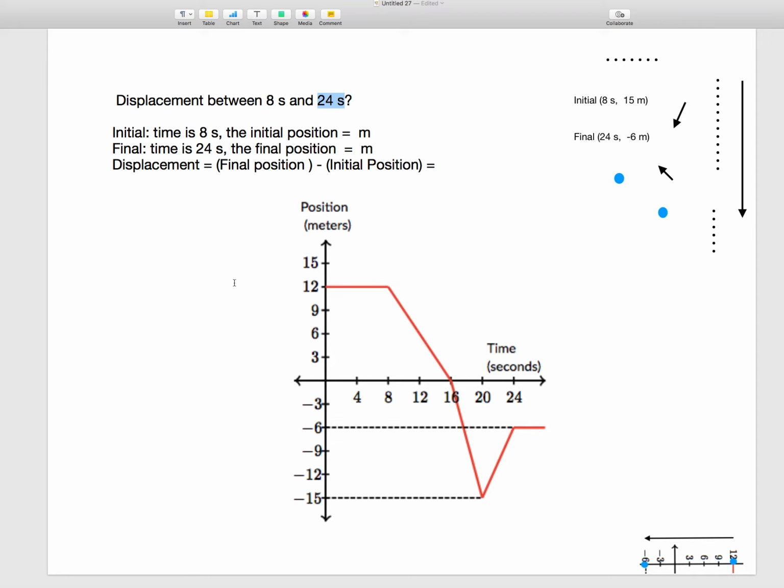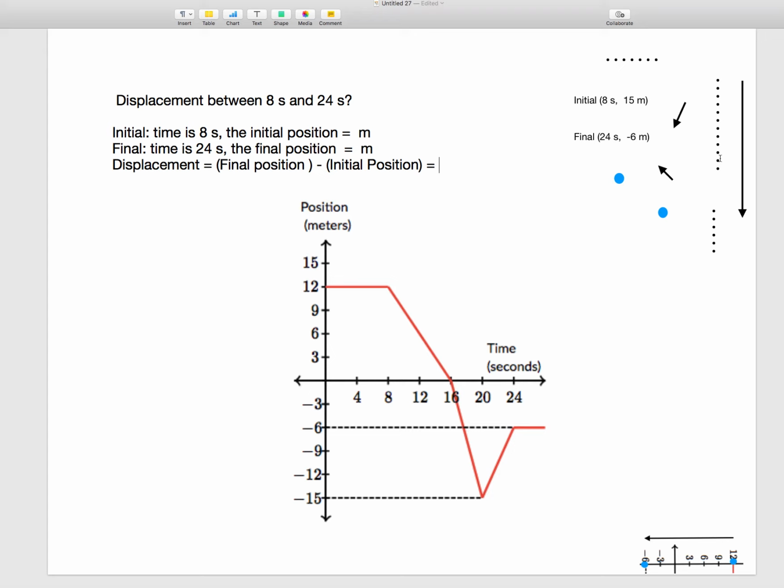Okay, so the first thing I need to know is that all the data that I have are only on this red line. So whatever I want to work with has to be on this red graph. My initial time is 8 seconds, so how do I find the data on the graph that corresponds to 8 seconds?